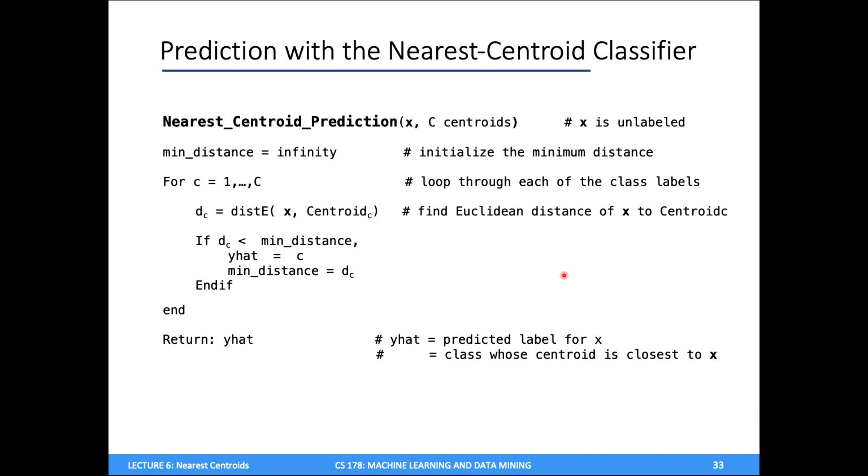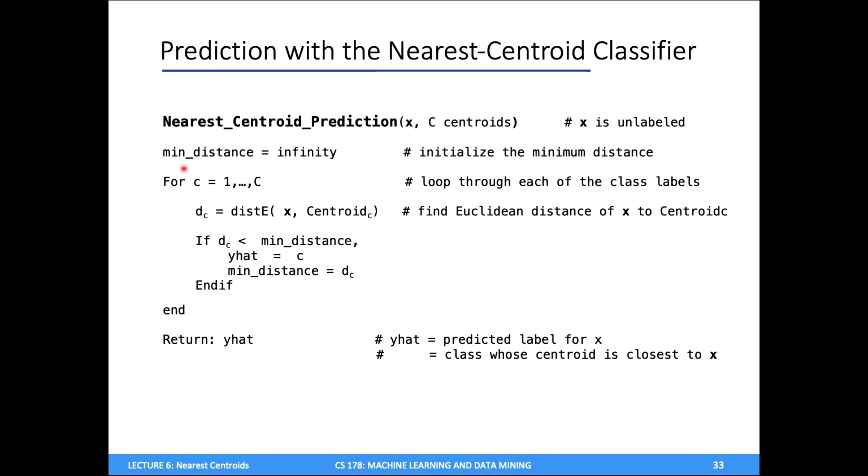In terms of making predictions with the nearest centroid classifier, all we need to do is loop over each of those class centroids and figure out which one is closest to our new data point x. So here x is some new penguin, some new data point that we don't have a label for, but we would like to make a prediction for.